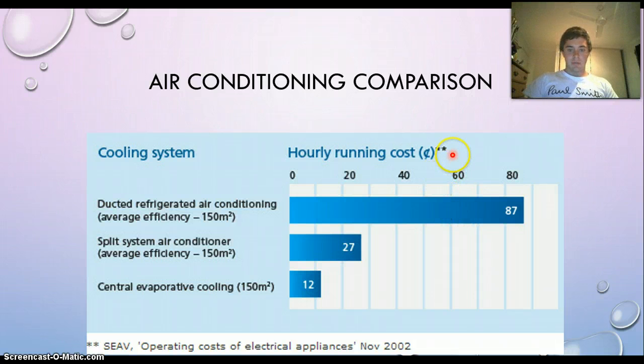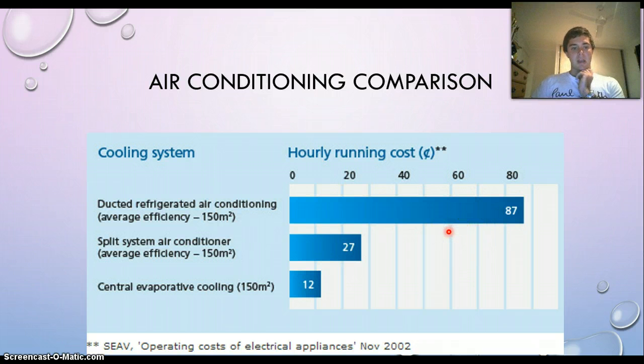Here is a table, a figure illustrating how great the central evaporative cooling system is compared to refrigeration air conditioning systems and split system air conditioning systems, which are very common. The refrigeration air conditioning system costs 87 cents per hour for 150 square meters, which is a huge amount when considering that's almost $1 per hour.